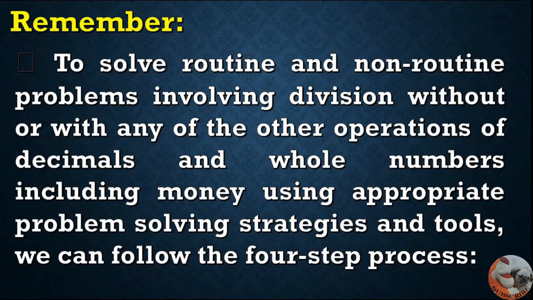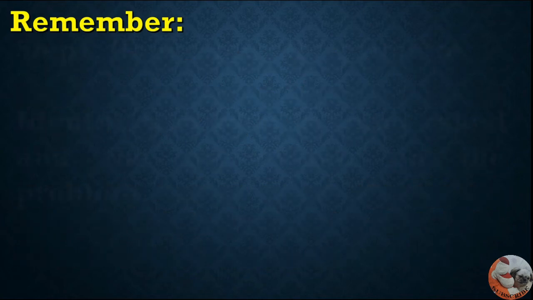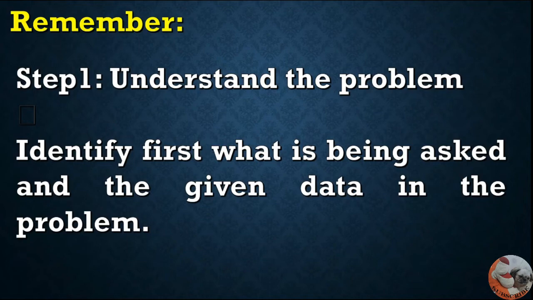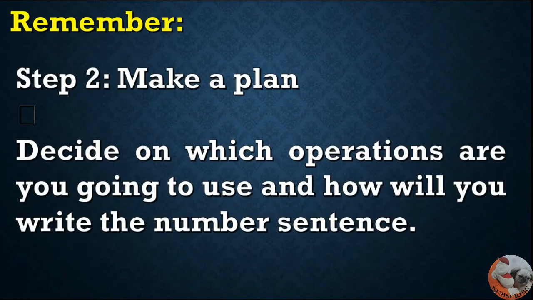To solve problems involving division of decimals and whole numbers, including money, using appropriate problem-solving strategies and tools, we can follow the 4-step process. Step 1. Understand the problem. Identify first what is being asked and the given data in the problem. Step 2.